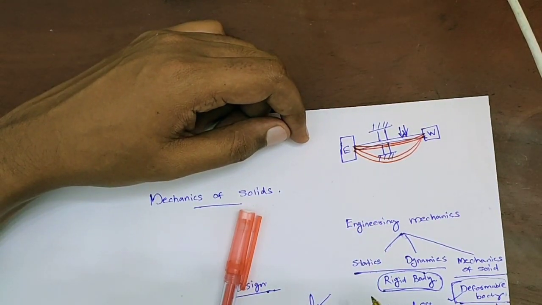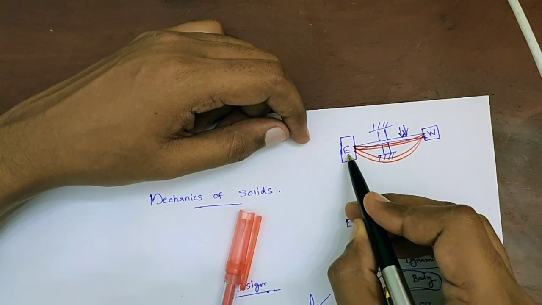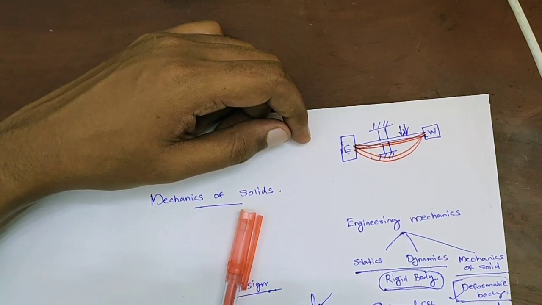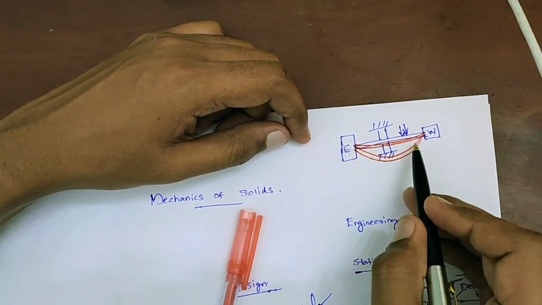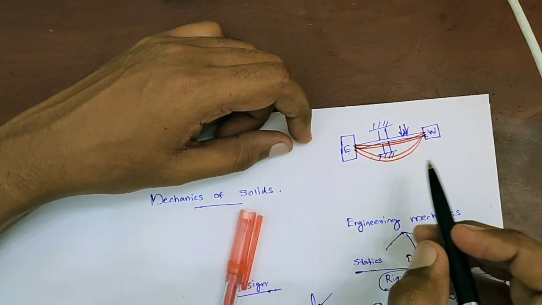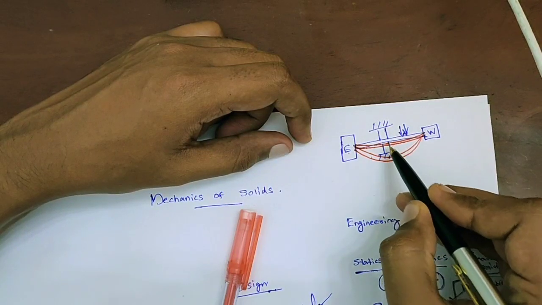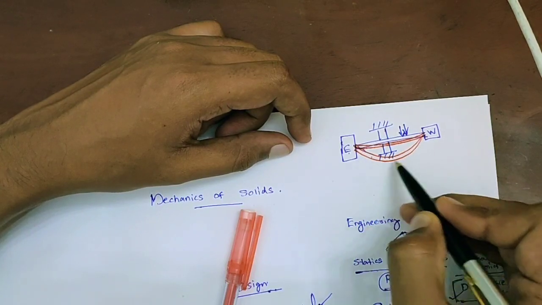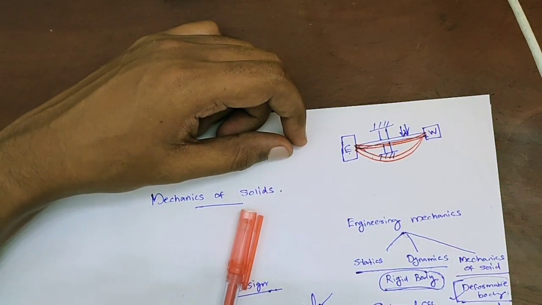In this condition the shaft cannot transfer the power from engine to wheel, and there will be a mismatch between the bearing and the shaft.